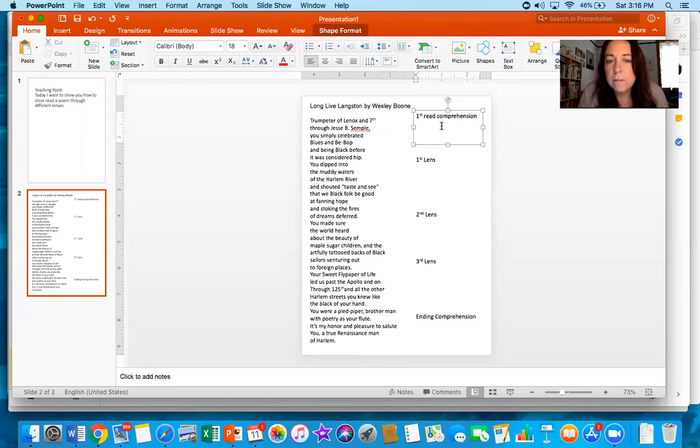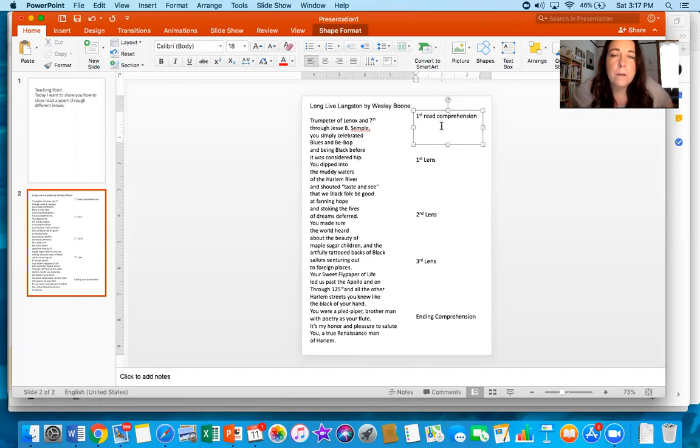Your sweet flypaper of life let us pass the Apollo and on through 125th and all the other Harlem streets you knew like the black of your hand. You were a Pied Piper, brother man, with poetry as your flute. It's my honor and pleasure to salute you, a true Renaissance man of Harlem.